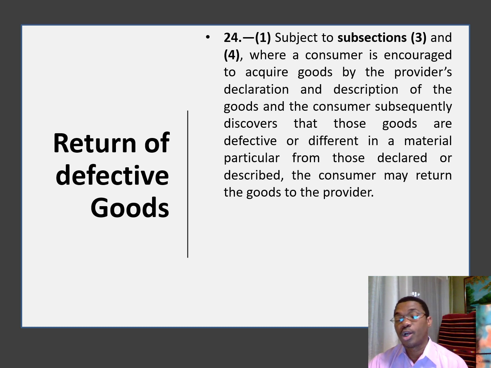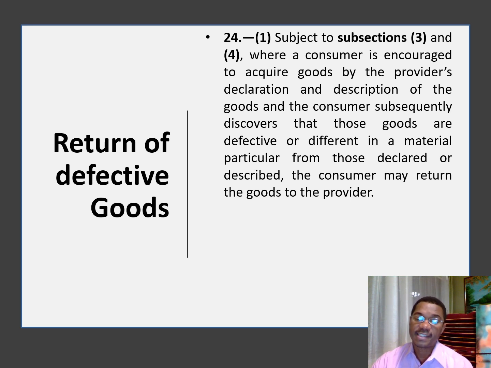Now I pause here because bear in mind that we're talking about sale by description, which we would have seen under the Sales of Goods Act. So this here is a complementary provision to the Sales of Goods Act in terms of the protection of the consumer.